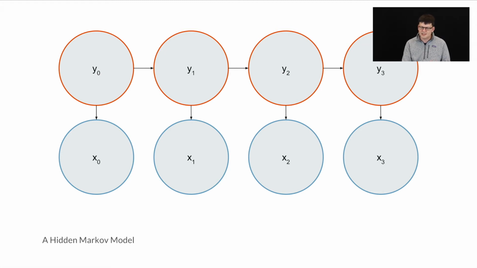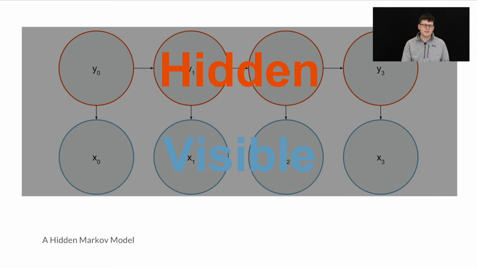Sometimes A blinks green, sometimes B blinks red, but you can observe it on the outside. So there are two parts to this model. There's the part that you can't see, the hidden state, and hence the hidden in hidden Markov model, that's inside the machine, this invisible state internal to the machine that is grinding along from one time step to the next. And then there's the visible part, which is the blinky light on the outside of the machine.